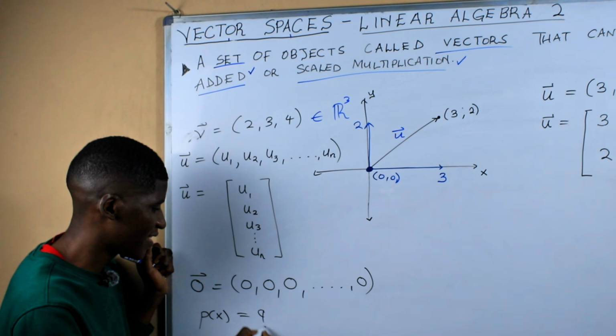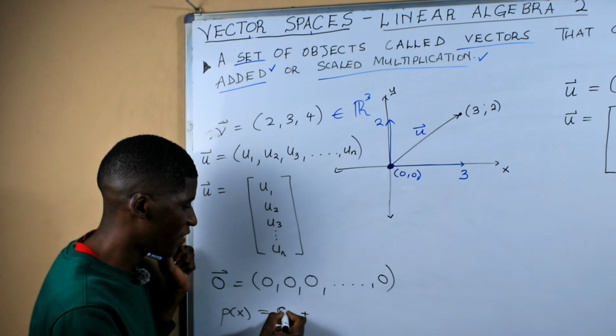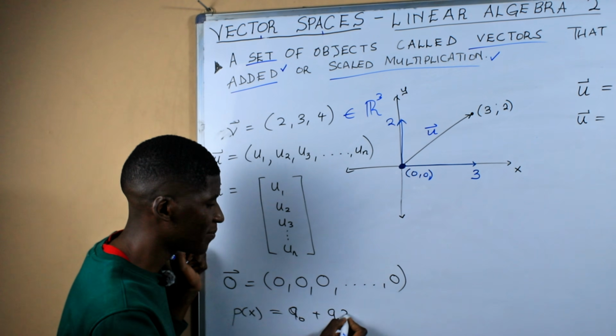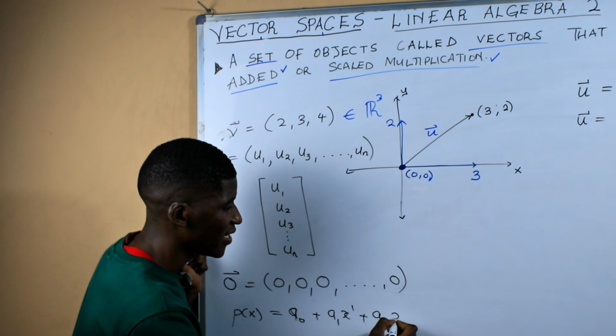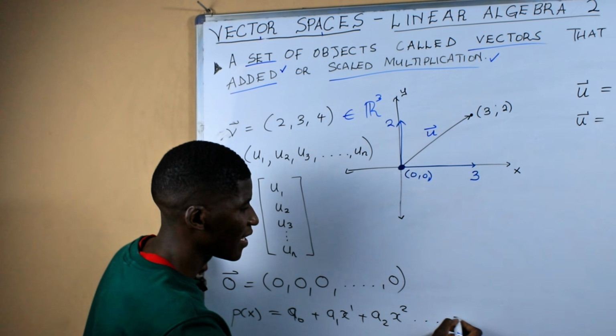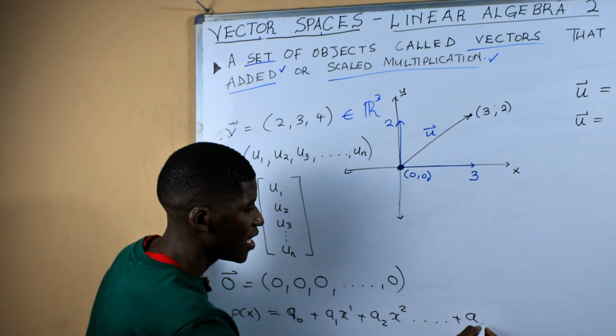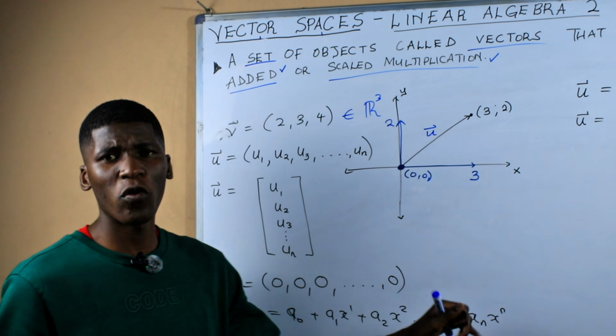So I can say that this is the first coefficient, a0. The second coefficient is a1 times x to the power of 1. The third one is a2 times x to the power of 2, and so forth, until the last component, which is an times x to the power of n. This is just the general structure of all polynomials.